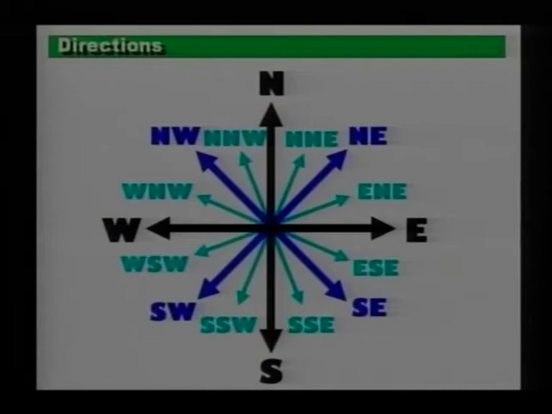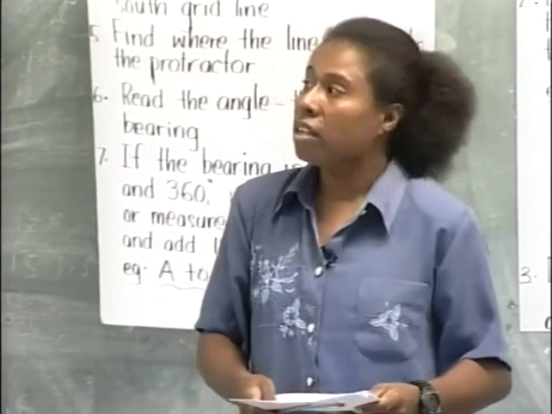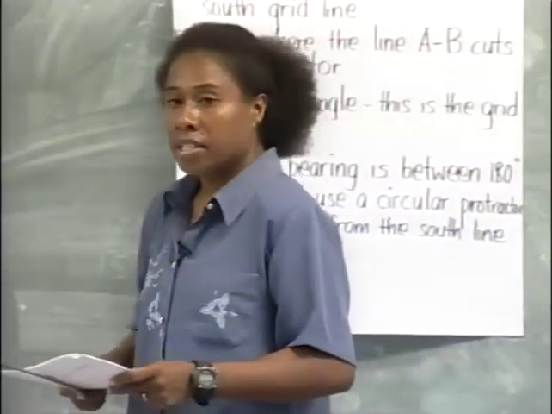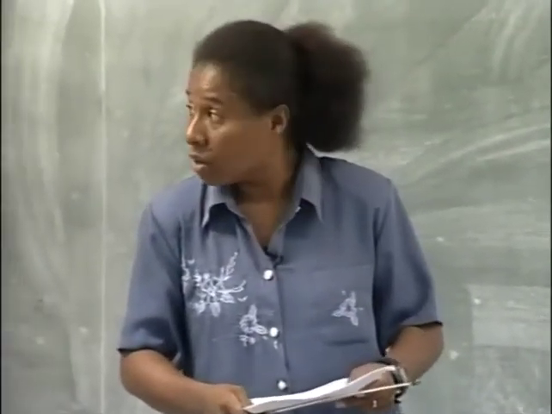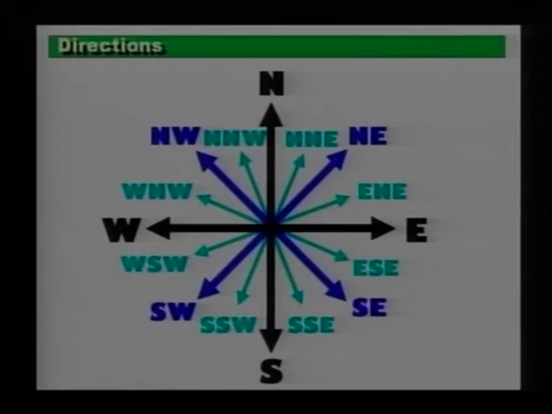We found out that they are the north-northeast direction, the northeast, the east-northeast direction, east-southeast, the southeast direction. Then the south-southwest, the southwest direction, the west-southwest.